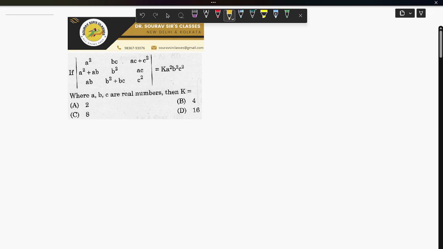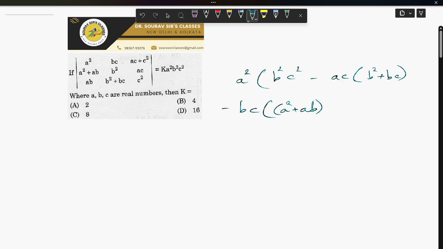So we have to calculate the determinant of the given matrix. So we are going to have a square into, we will get the first minor, which is our square, and minus we will get AC into B square plus BC, then minus of BC, then we get the second minor. That means that will be A square plus AB into C square, minus we will get AB into AC.